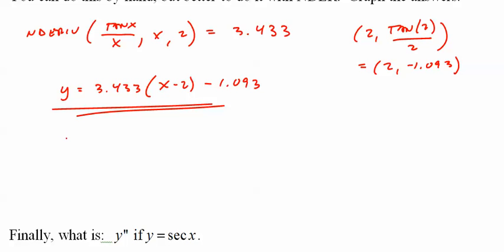Y equals 3.433 x. Now I've got to do some fancy work. Times negative 2 minus 1.093. And I get a y value of negative 7.59.